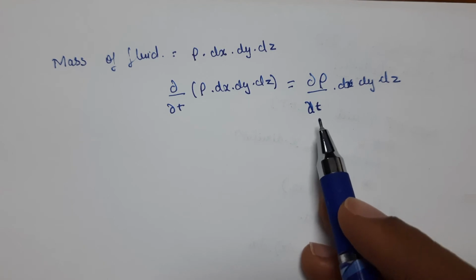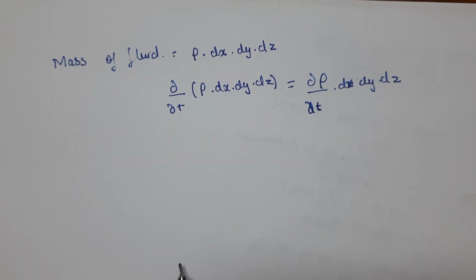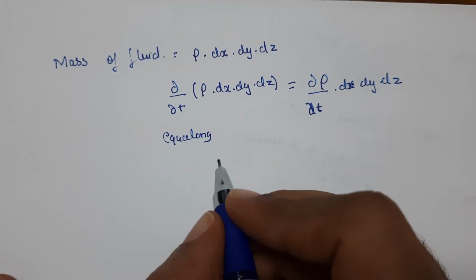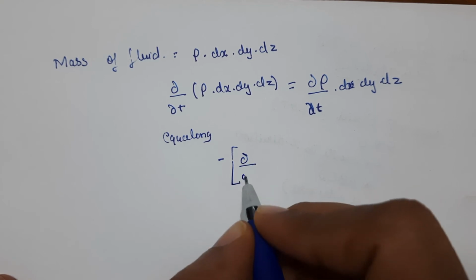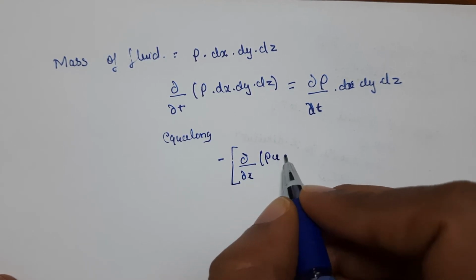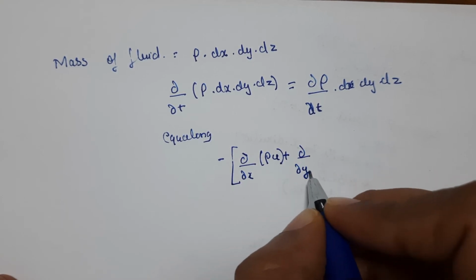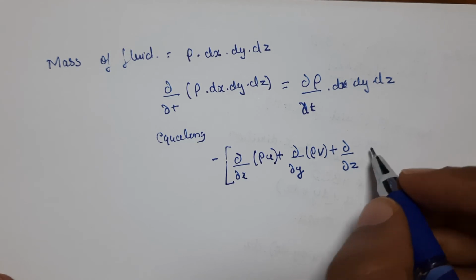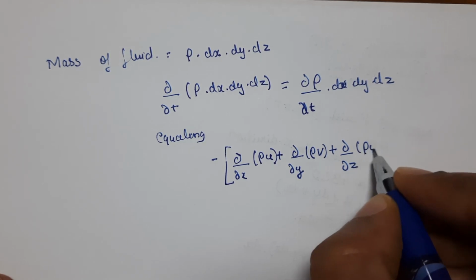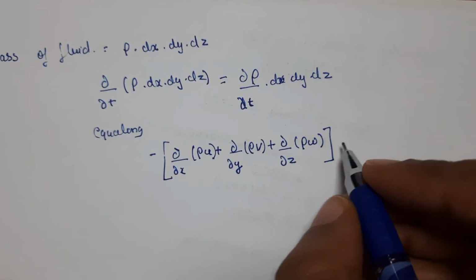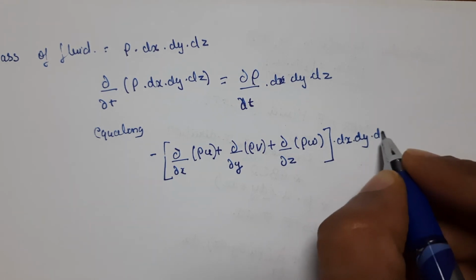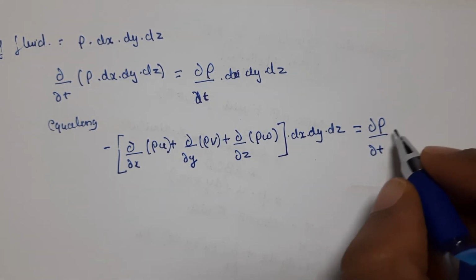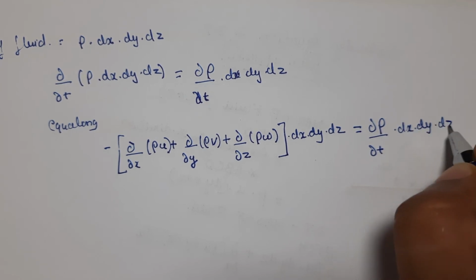Equating this with the net gain of mass in all three directions, equating the equations, we get minus ∂/∂x of ρu plus ∂/∂y of ρv plus ∂/∂z of ρw, into dx, dy and dz, that will be equal to ∂ρ/∂t into dx, dy and dz.